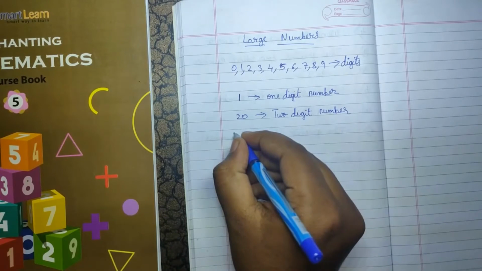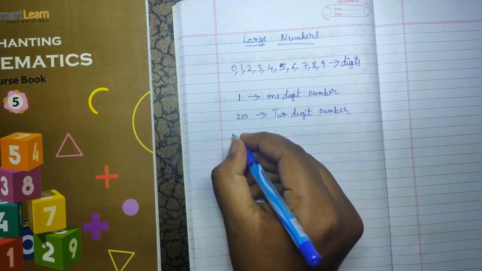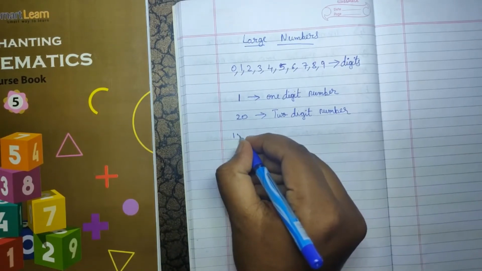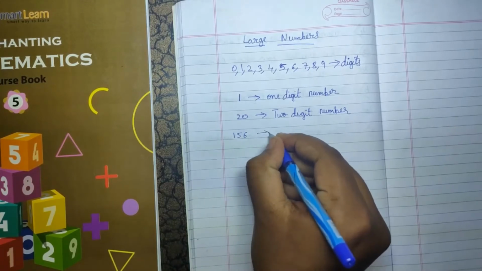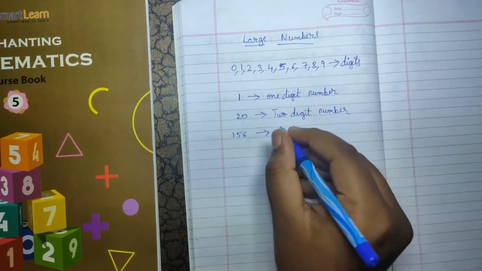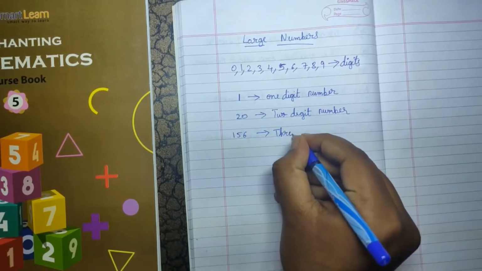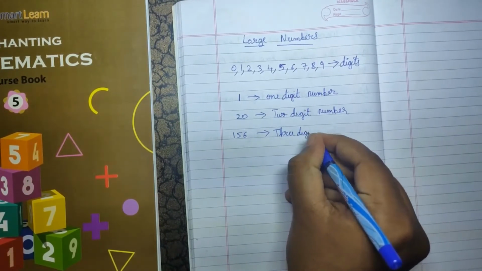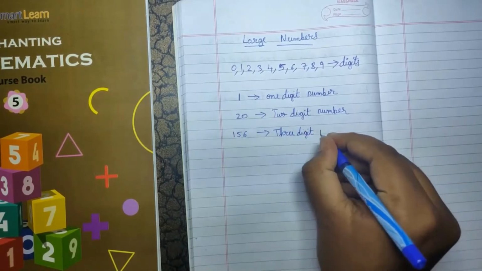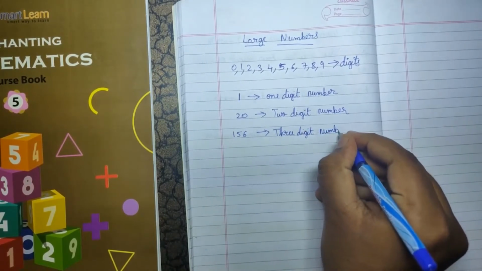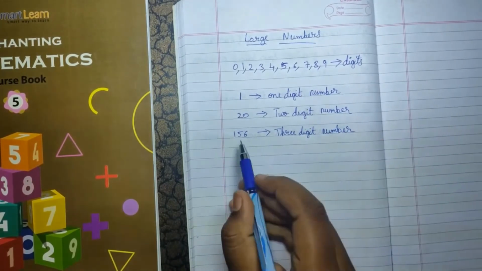Let us say 156. This is how many digit number? This is a 3 digit number.